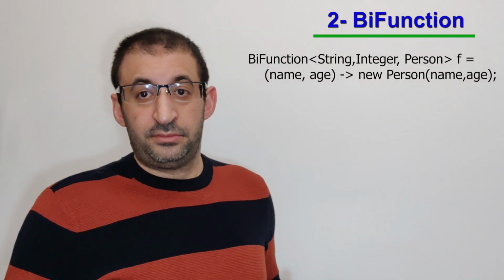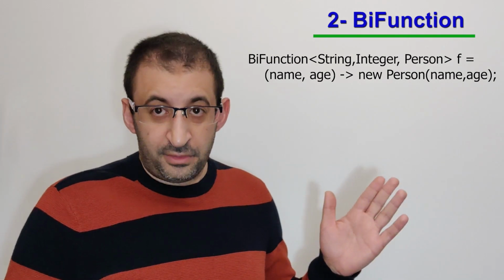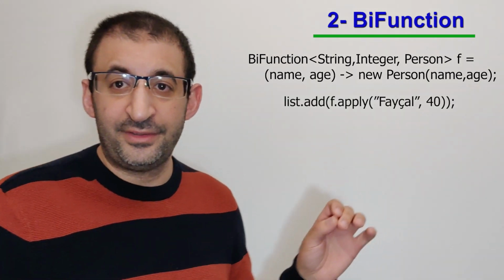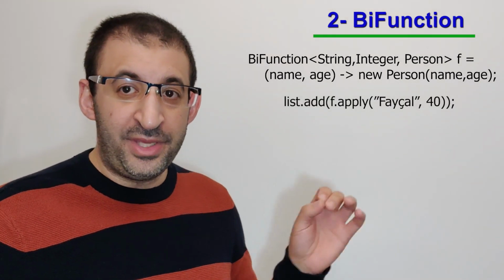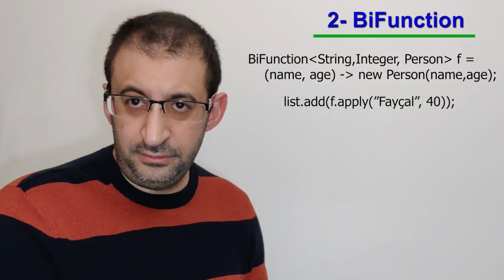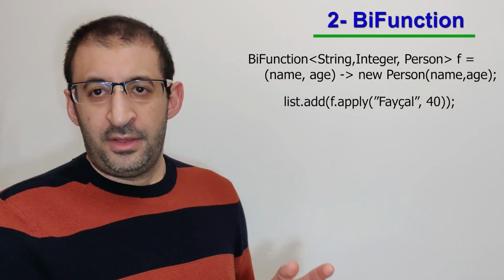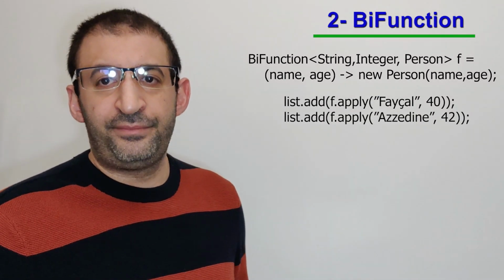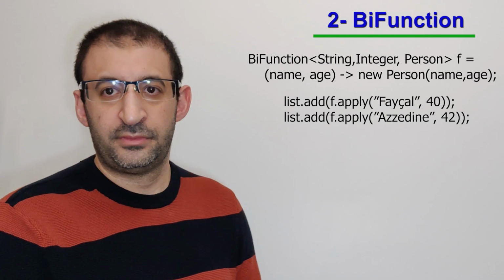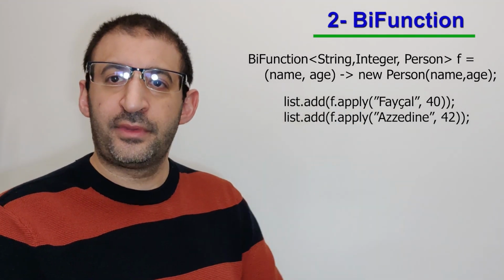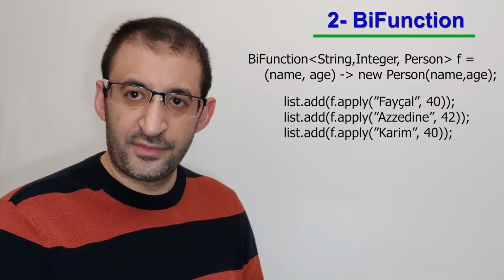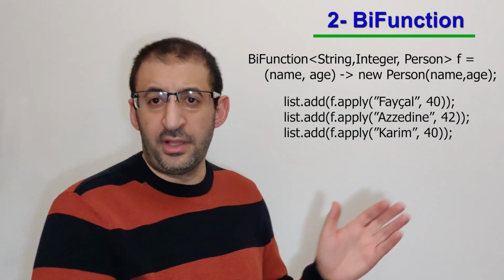So how to call it? list.add bf.apply, for example, Faisal 40. I continue, list.add bf.apply Azzuddin 42. list.add bf.apply Karim 40. So simple like this.